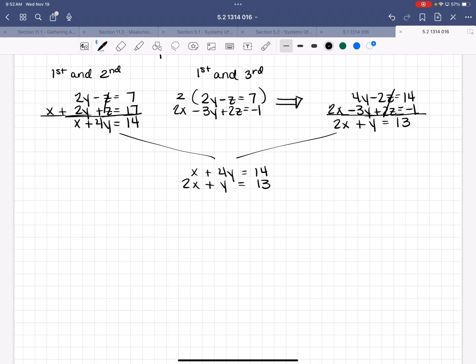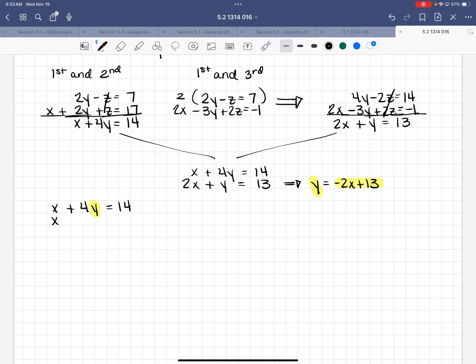So we'll use substitution. I'm going to turn him into y equals -2x plus 13, and I'm going to put him into x plus 4y equals 14. So everywhere I see a y, I'm going to put in -2x plus 13.